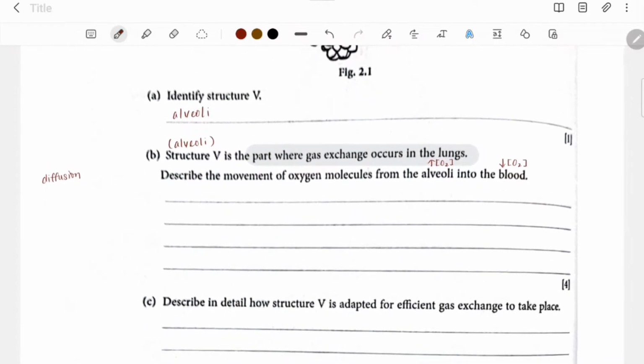So first point is the oxygen gas first. Oxygen molecules dissolve in the moist lining of the alveoli.